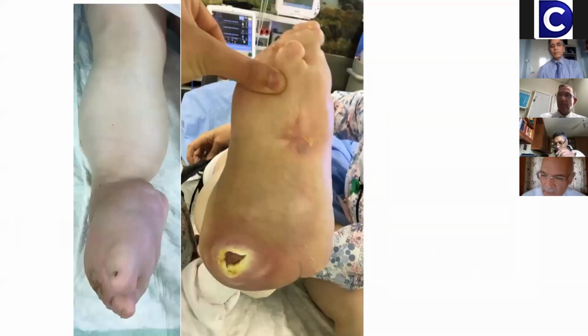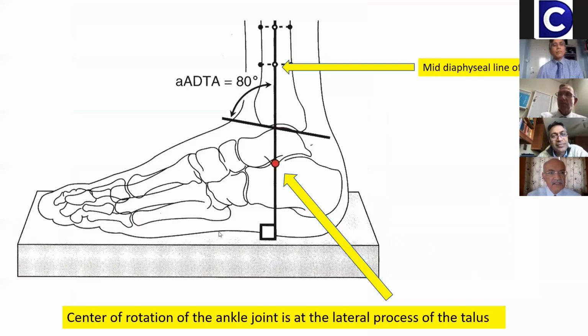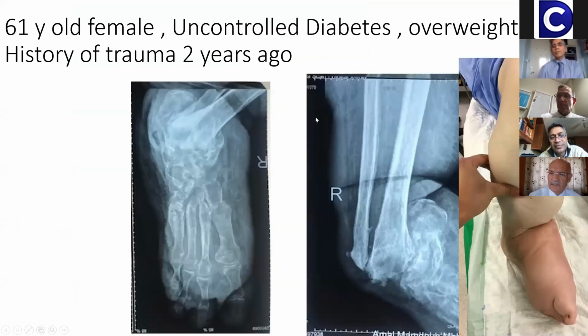It's back to the question about diabetic feet. This is a 60 year old female with uncontrolled diabetes. She had a mild trauma 2 years ago.